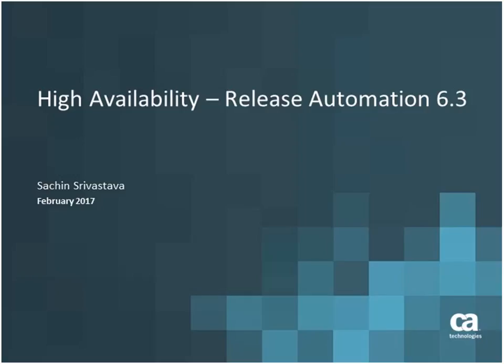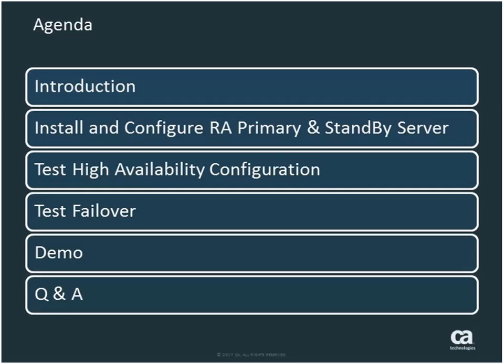Now, I have a slide open here, and I'm going to the next page of the slide to give you the agenda for the meeting. First, I'll explain why there is a sudden need for high availability among customers and clients who want to start using this feature for RA.